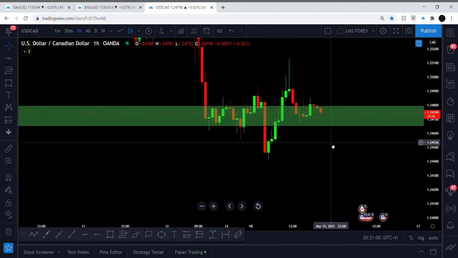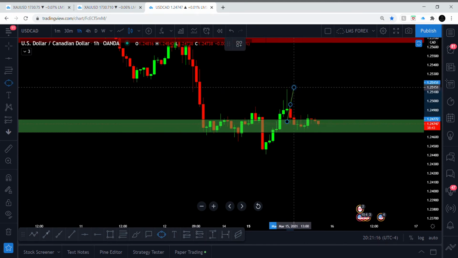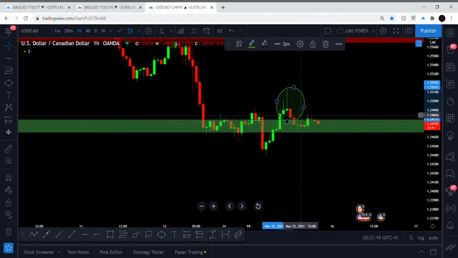So now what we're waiting for at this point is this. Again, this was a level that was broken on the 1-hour time frame by this red candle. Came back. It gave us that engulfing candle with long rejection here, right?